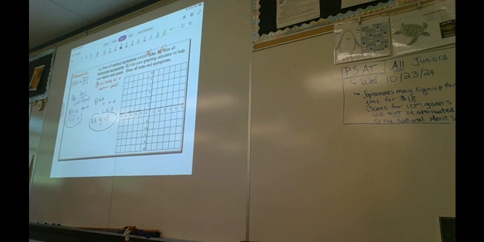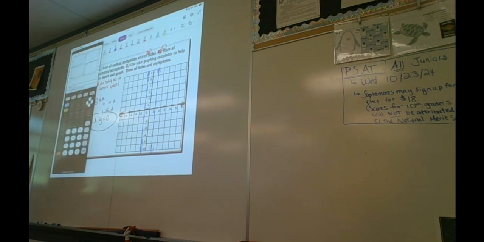So now we're going to sketch in all of our asymptotes. Sketch, sketch, sketch. Y equals 0. And then our vertical asymptotes at negative 1 and 1. Okay, now go ahead and graph this on your calculator.